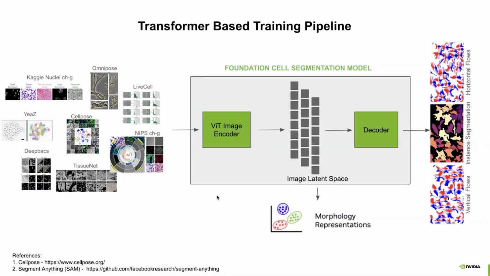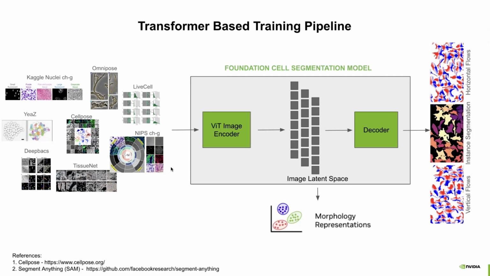They were not necessarily medical images or cell images, but nevertheless, there is an advantage to using the pre-trained backbone to start with, especially since we don't really have a lot of these cell images that have ground truth labels.